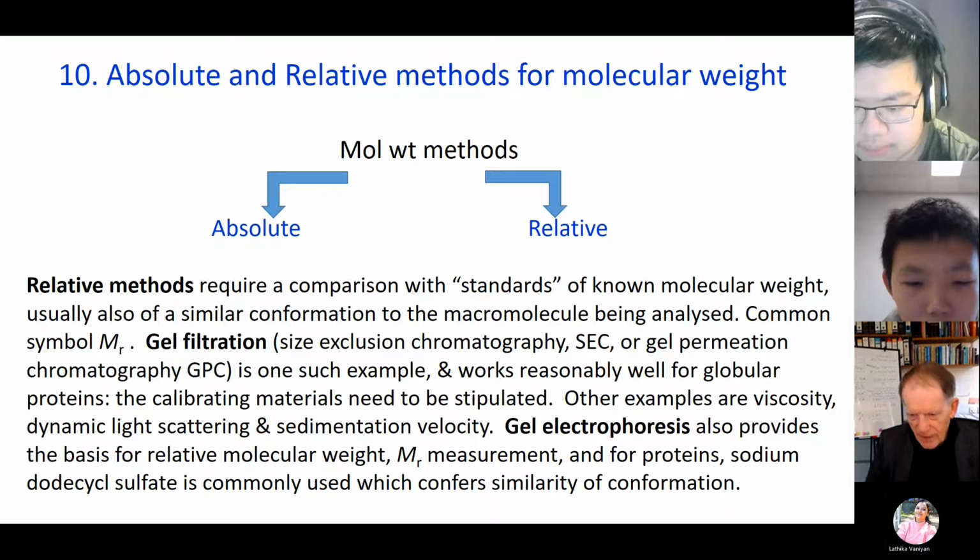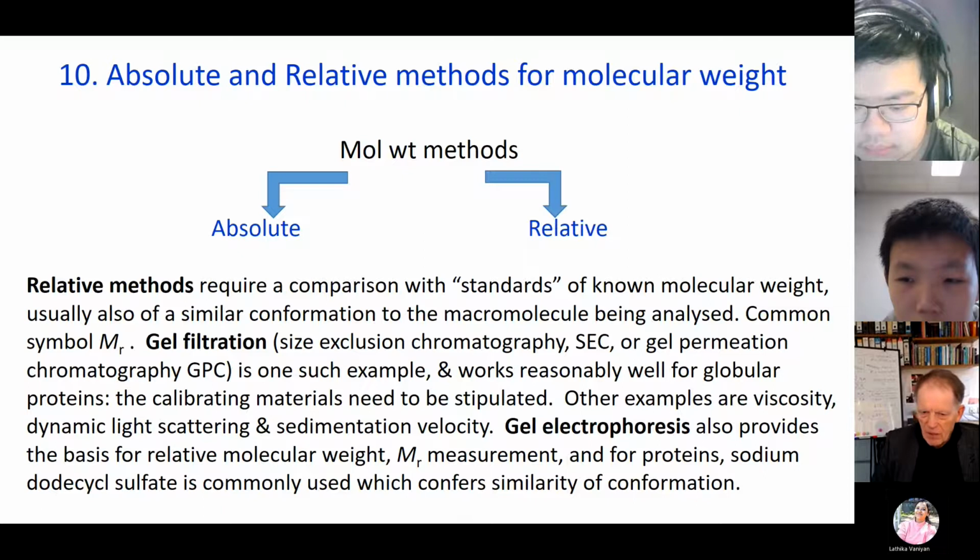You need to use thiol reducing agents as well, but you can confer on the proteins similar conformation. So the comparison with standard proteins is valid, and we'll be doing that next week. So that will be the relative method we'll be focusing on.